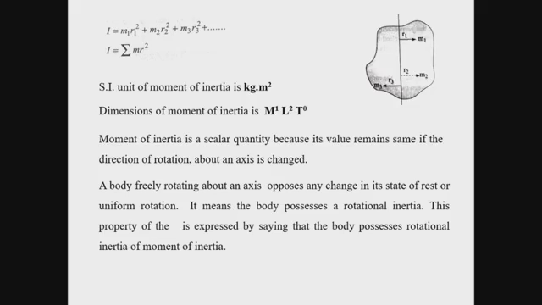If a body freely rotating about an axis opposes any change in its state of rest or uniform motion, then it means that the body possesses rotational inertia. This property of the body is expressed by saying that the body possesses rotational inertia or moment of inertia.